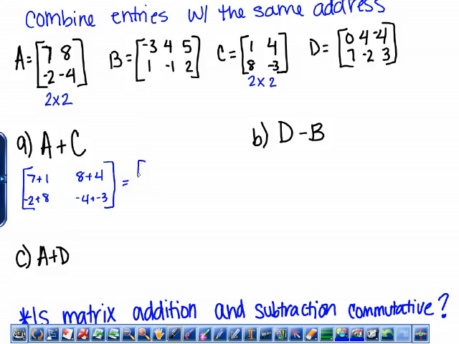And you don't have to write this step out. I'm just doing it so that when you go back and look at your notes, you'll know what we did. All right, what is 7 plus 1? Okay, 8 plus 4, 12, -2 plus 8, -4 plus -3. That is the answer to A plus C.